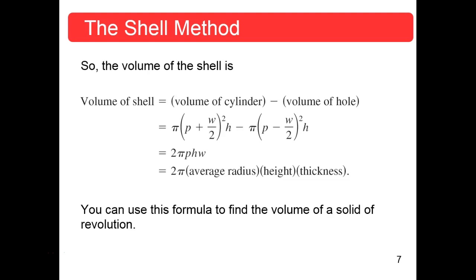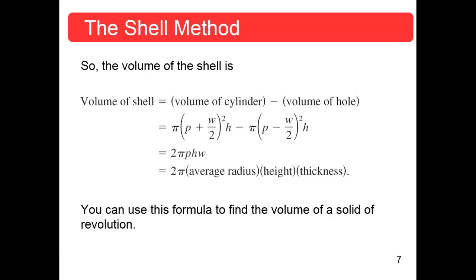The only thing that contributes is the pi. When you take twice the product here, you have a plus PW, and here you have a minus PW, so that's minus a minus, which is going to be a plus. So you're going to have 2 of those: 2 pi PWH.